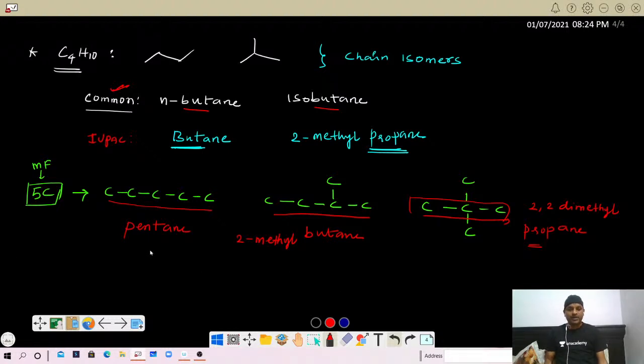But what are the common names? If you look at the common names, they contain the same root word, so it's better to consider the IUPAC system. In the IUPAC name, if their root words are different, definitely they are chain isomers.